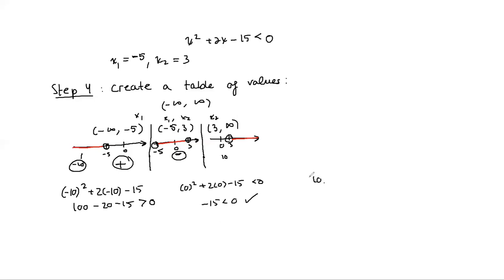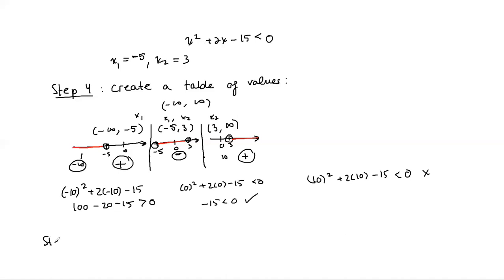So now 10 squared plus 2 times 10 minus 15. Is it less than 0? No, it's not less than 0, because it is greater than 0. I have 120 minus 15. So here it is greater.